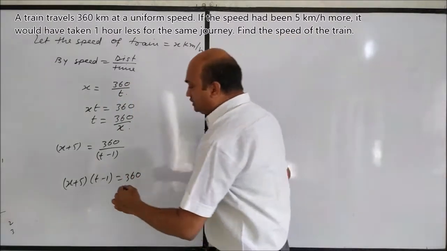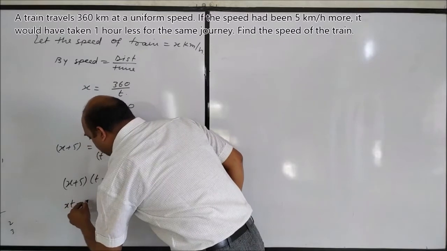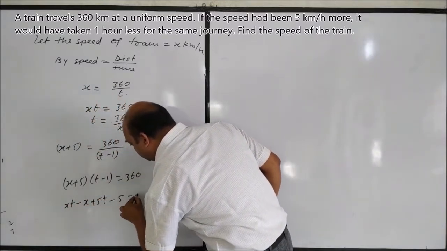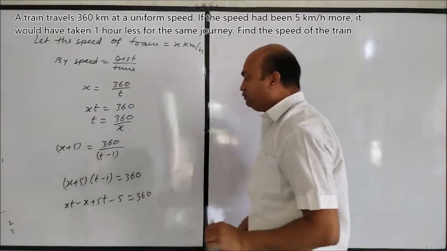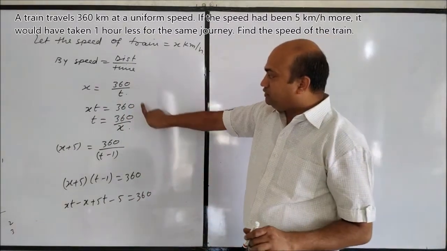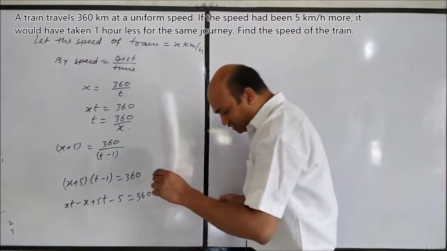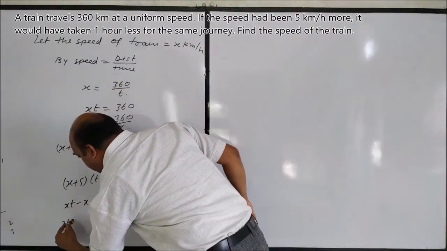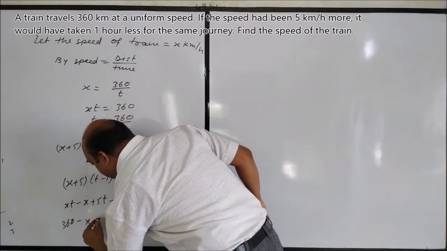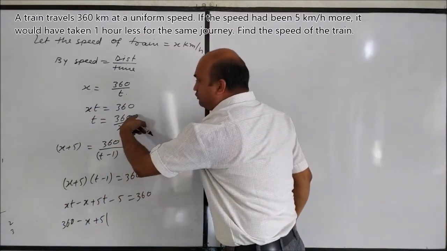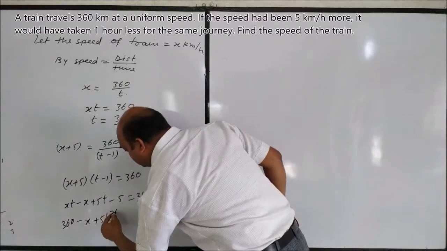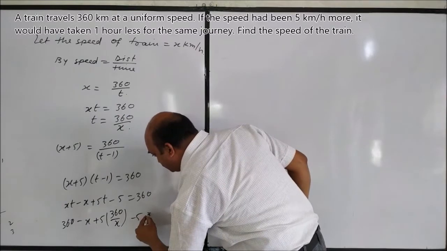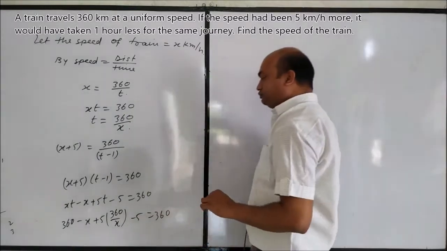We multiply this inside: xt minus x plus 5t minus 5 is equal to 360. In place of xt we put 360 from here, so 360 minus x plus 5t, and in place of t we write 360 by x, minus 5 is equal to 360.